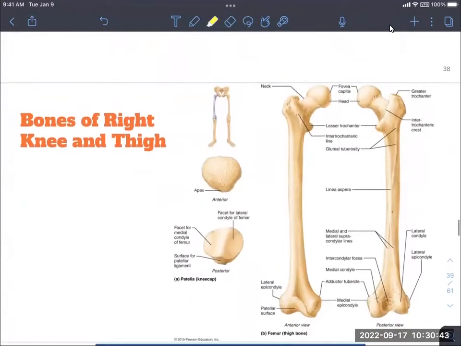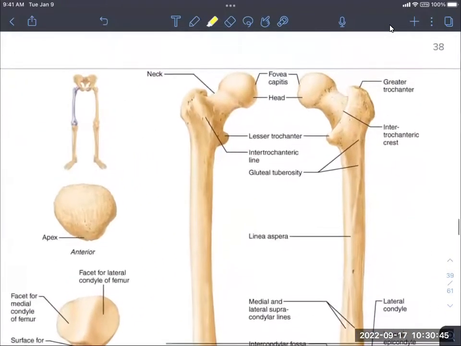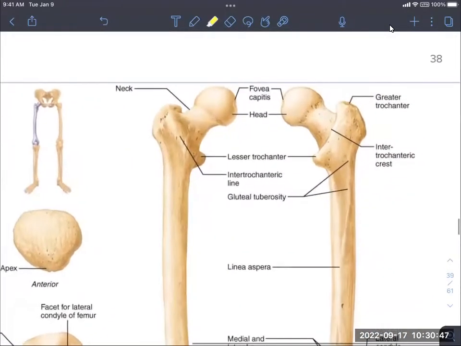So let's take a look here. Let's start at the top. As I said, we have a head and a neck on our femur. The greater trochanter is at the top. On the inside, we have this lesser trochanter.